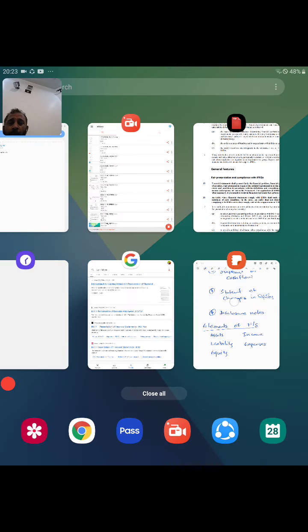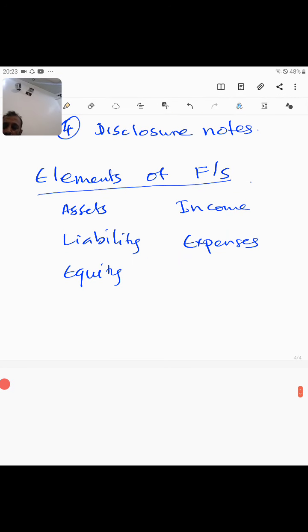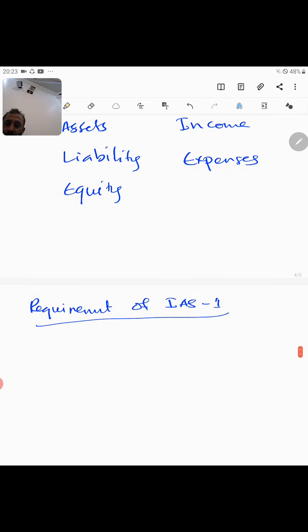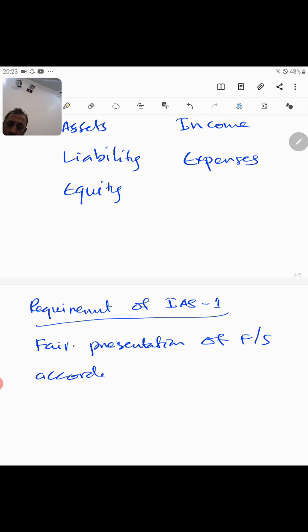One requirement of IAS 1 is that we have to make sure of fair presentation of financial statements according to IFRS.